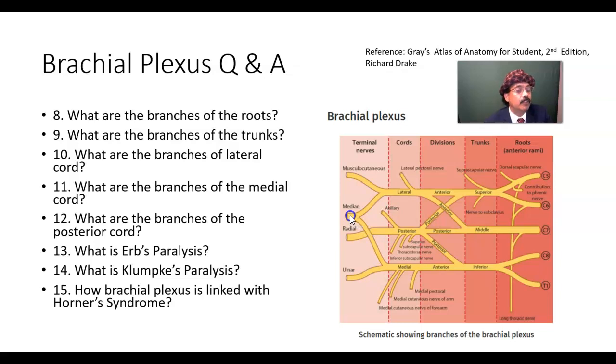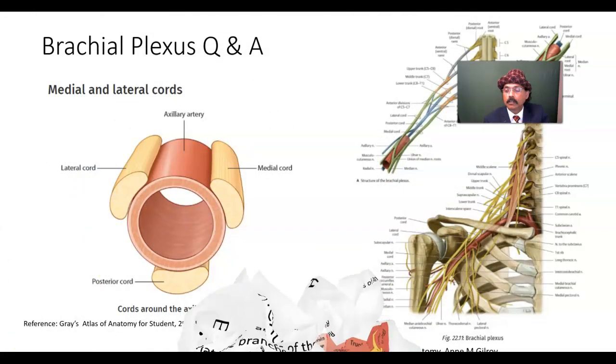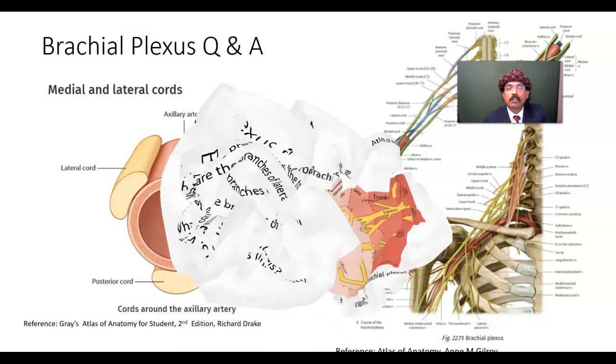So the median nerve is getting a contribution from the lateral cord, the lateral root, and from the medial cord, the medial root. Then we'll get the median nerve. So we got the branches of the medial cord.